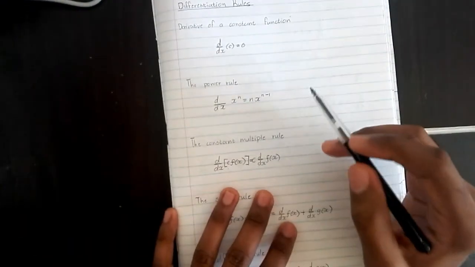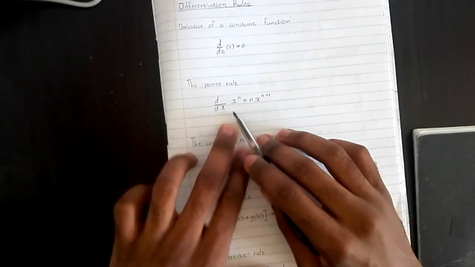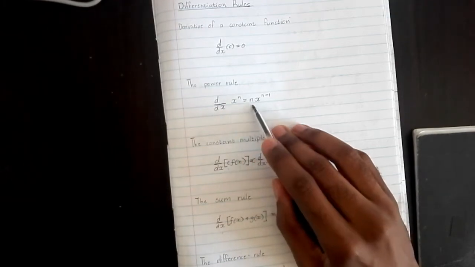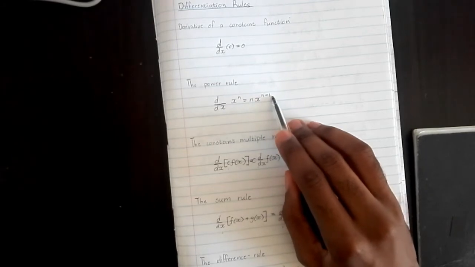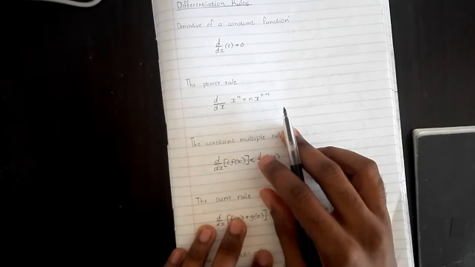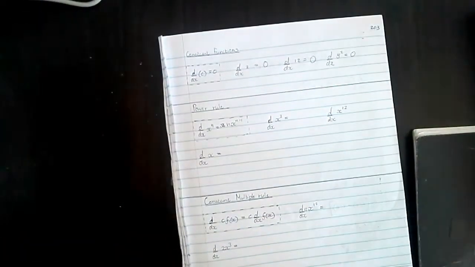That's the power rule. It states that d/dx of x to the power n equals n times x to the power n minus 1. Familiarize yourself with this one. The more practice you do, it's one easy one, no need to worry about it.